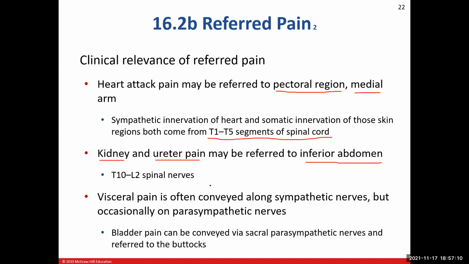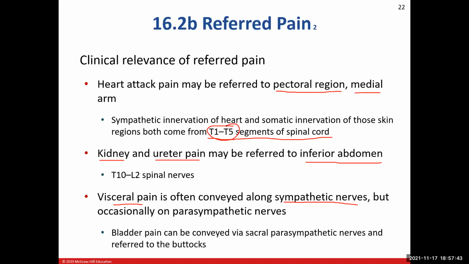And then, of course, one of the things you should understand too is when we talk about visceral pain, most of the time that visceral pain will travel along the sympathetic nerves. So that's what we see with heart attack pain. That sympathetic innervation to the heart comes from the T1 through T5 spinal cord segments, and those are the same segments that will receive that somatic sensory information from the skin.